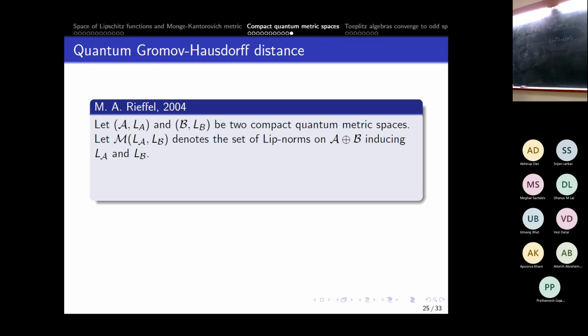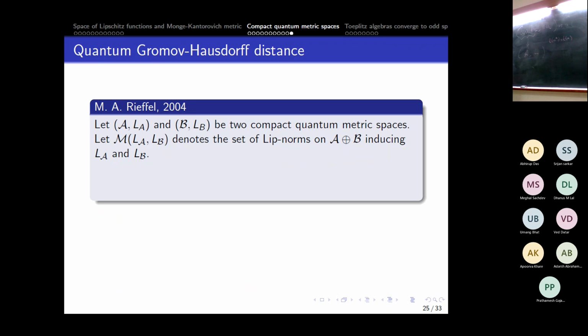So if we take two compact quantum metric spaces, on the direct sum we can have many Lip norms, which on restriction to A and B will induce LA and LB.